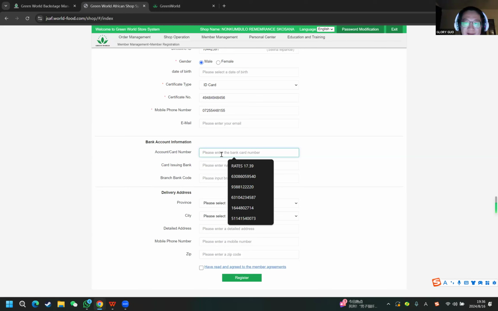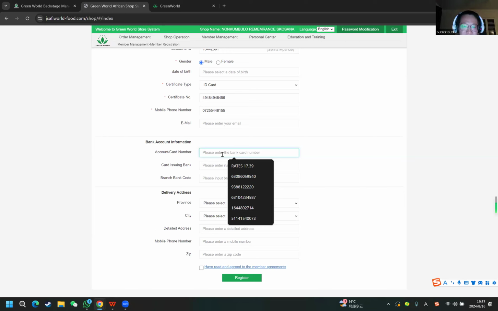So whenever they have a bonus, they can get it in their account. When they check the bank statement, oh, the money is here. They feel happy. If you don't put the bank account, the money cannot be transferred. He or she would have to come to the office to collect the cash or contact us again to put in the bank account, which is not convenient.